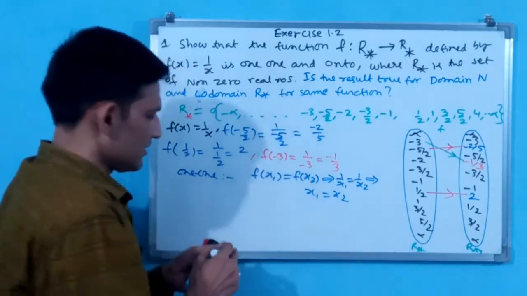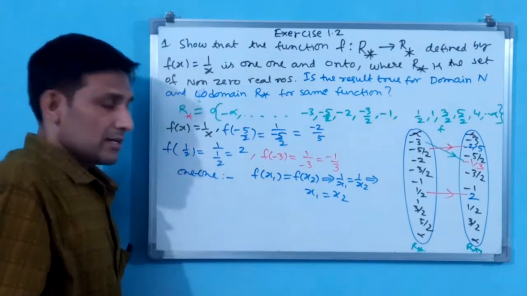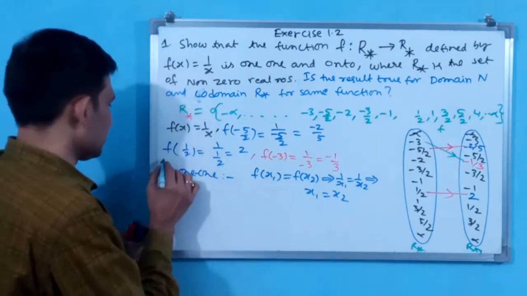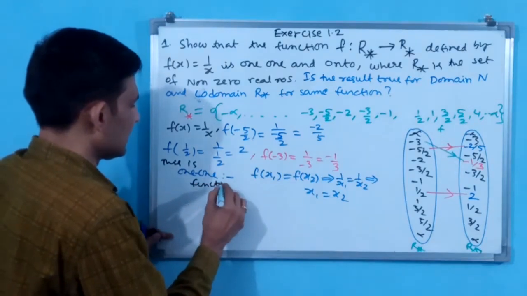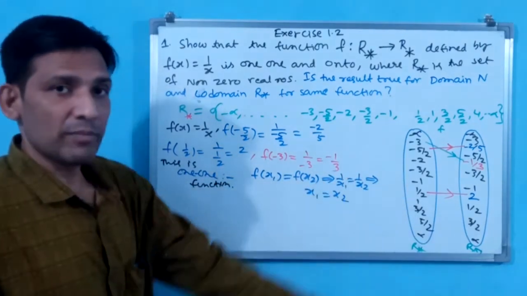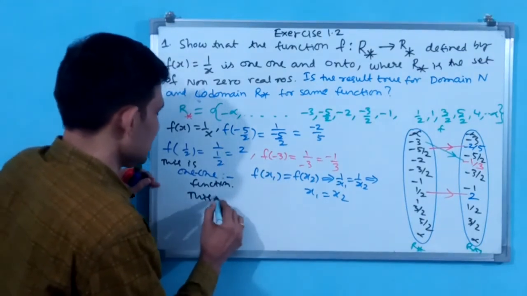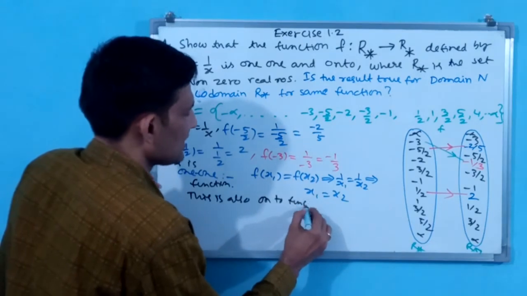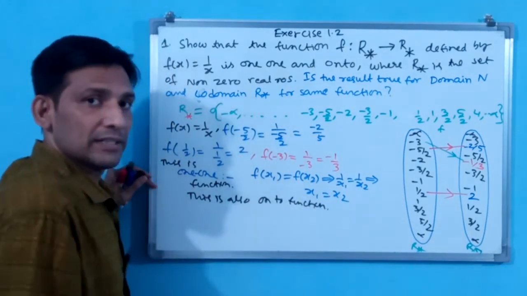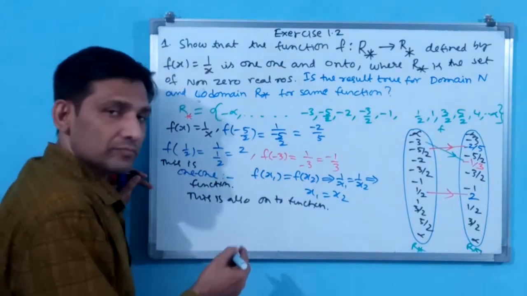This you write for a one-one function. This is a one-one function, like you write, and you keep this arrow diagram also. And this is also an onto function.